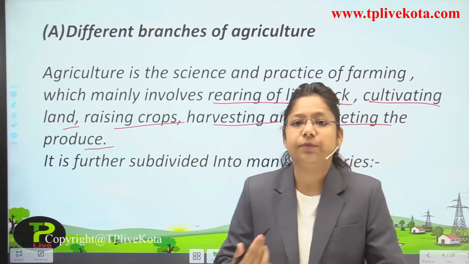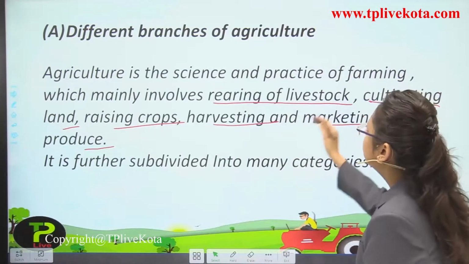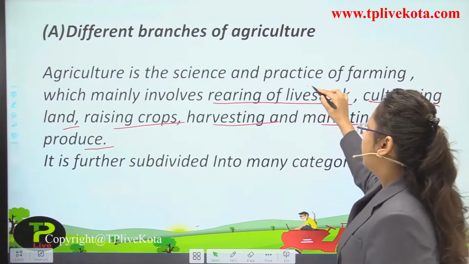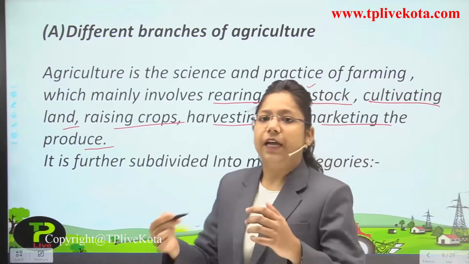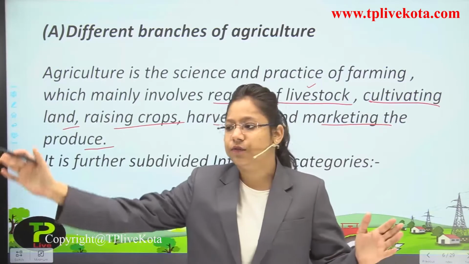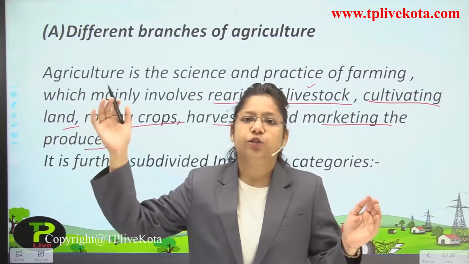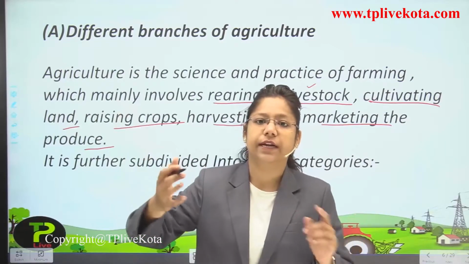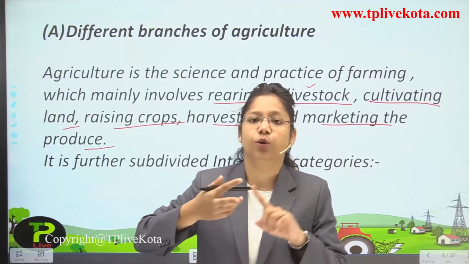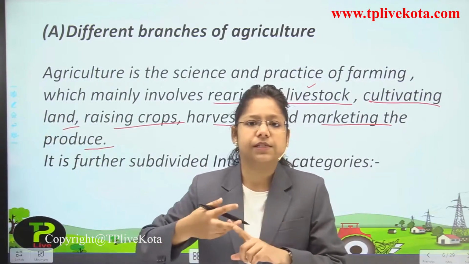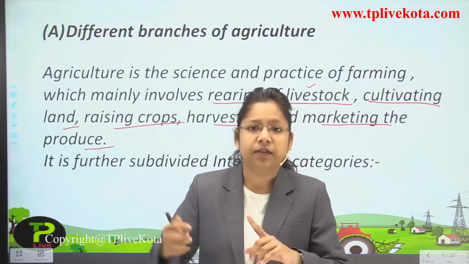Now, what does it mean? First thing, rearing of livestock. If there is a huge mass of land being cultivated, the livestock, that is the cows, buffaloes, goats, and many more animals, are reared on that land only.